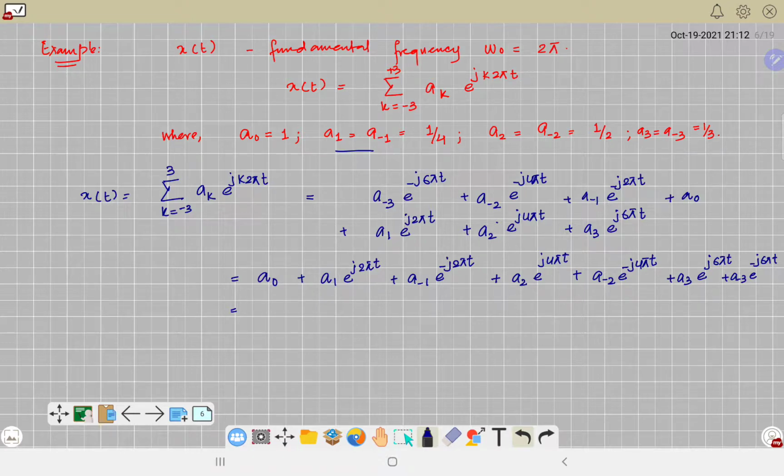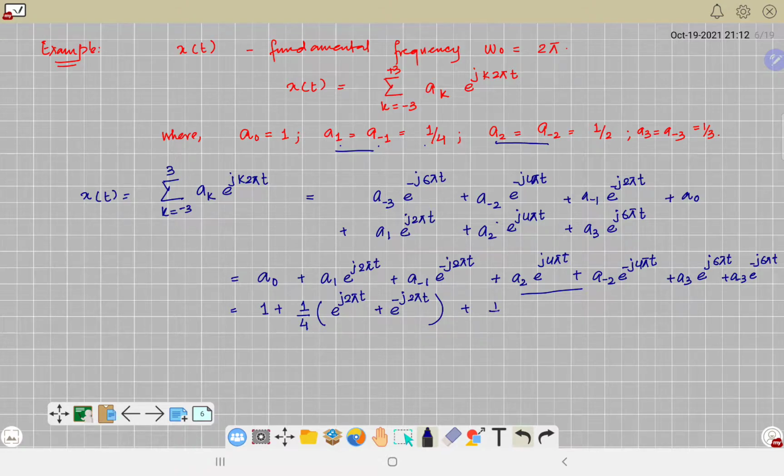Now a0 is equivalent to 1, so I'll have 1 here. a1 is equivalent to a minus 1 is equal to 1 by 4, so I will have 1 by 4 and in brackets e raised power j 2 pi t plus e raised power minus j 2 pi t इन दोनों के लिए. ठीक है. Similarly, a2 is equal to a minus 2 is equal to 1 by 2.